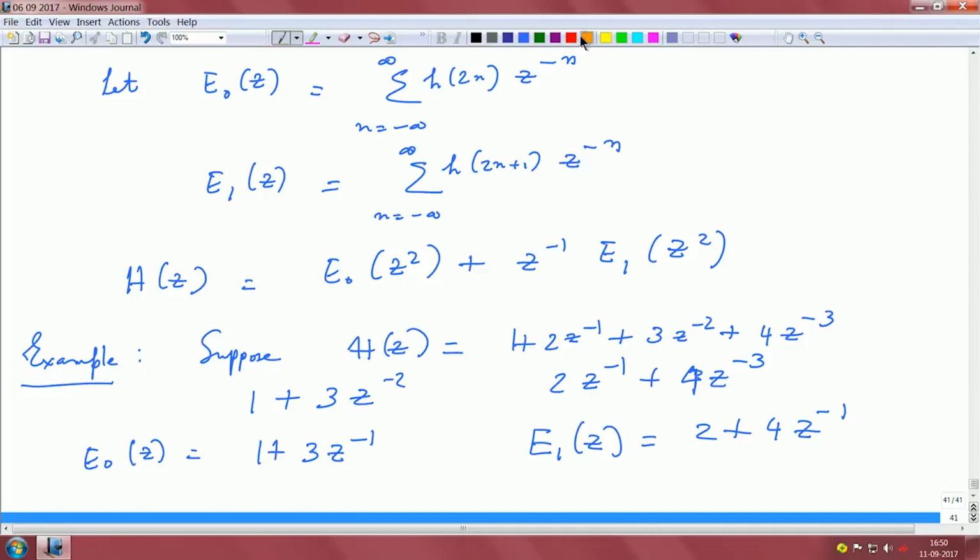Just to give you, from here I can go to E naught of z square will give me this. To get this, I have z power minus 1 times E1 of z square.